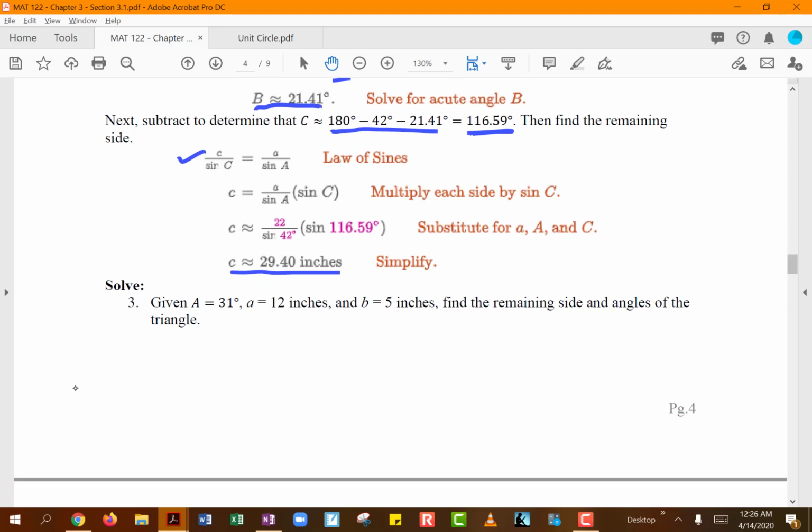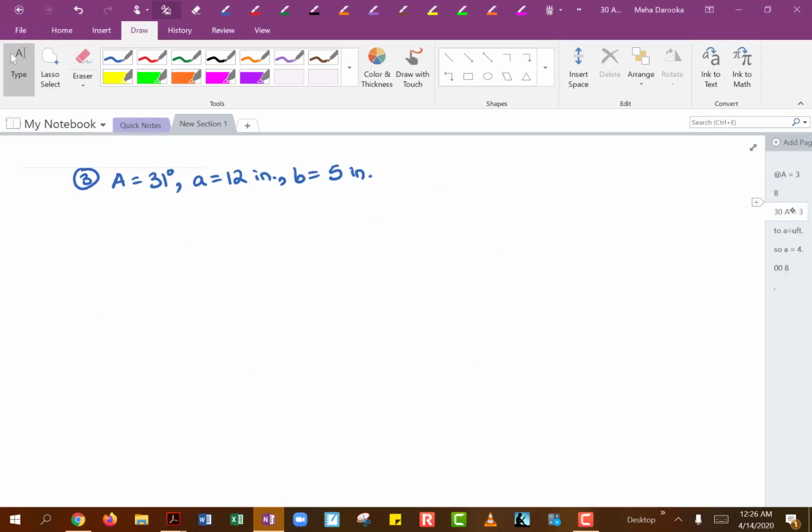So let's take a look at our example 3 over here. Again, we're given one angle and we're given two sides, and we have to find the remaining side and angles. Okay, so we are given angle A is 31 degrees. So this is just going to be a rough sketch.